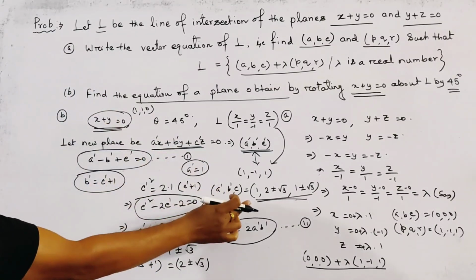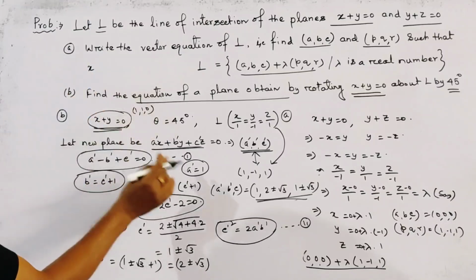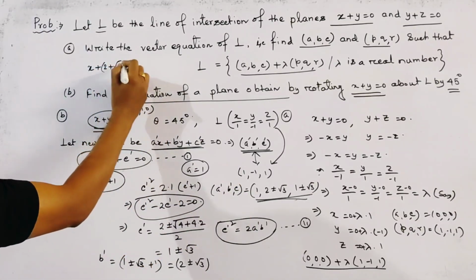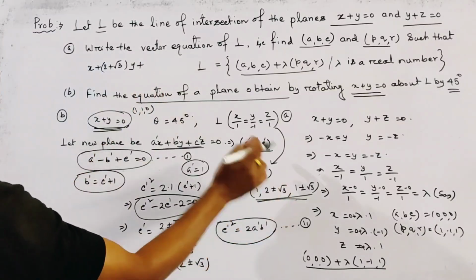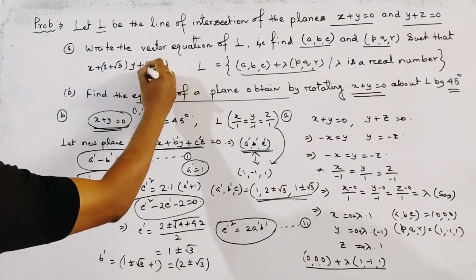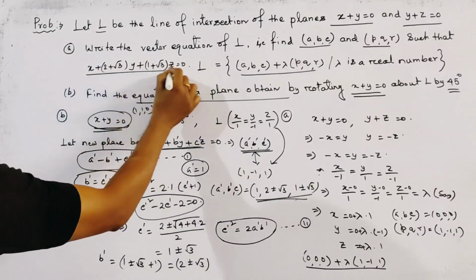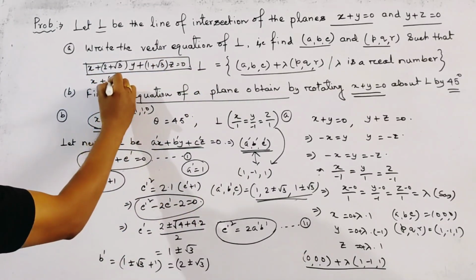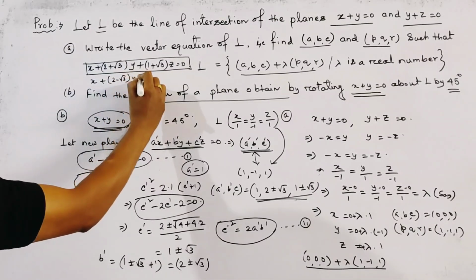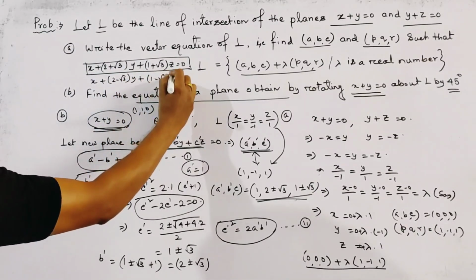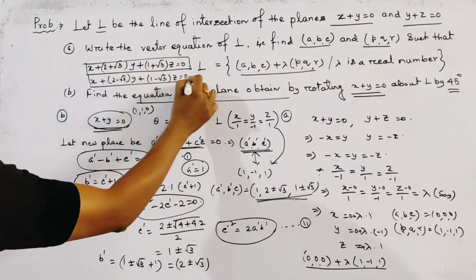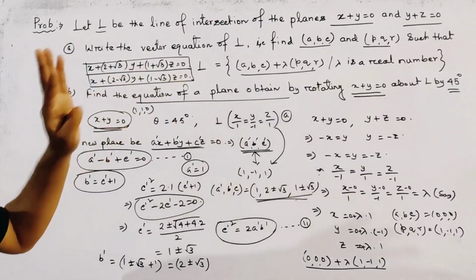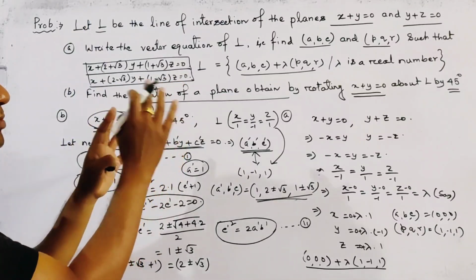The first equation is x plus (2 plus root 3) into y, plus (1 plus root 3) into z equals 0, and this may be one answer, and the other answer may be x plus (2 minus root 3) into y plus (1 minus root 3) into z equals 0. Any one can be written for this answer. This is the second answer of the problem.